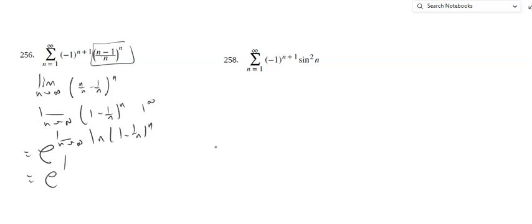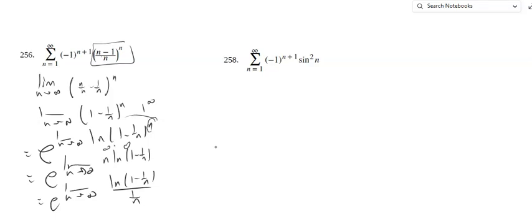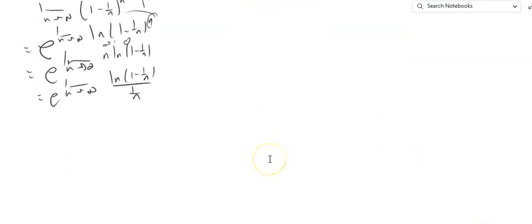Again, L'Hopital's rule, remember that section. And that's going to be n natural log of 1 minus 1 over n, that's infinity times 0. So that is e to the limit as n approaches infinity of natural log of 1 minus 1 over n, divided by 1 over n. And now as n approaches infinity, that's 0 over 0.